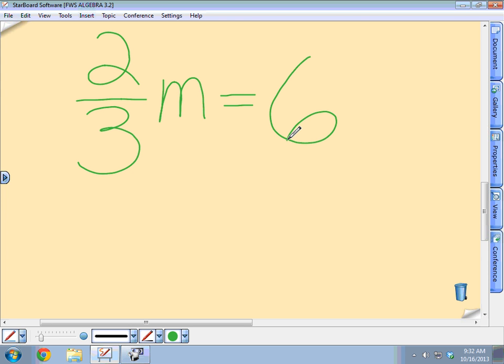Multiplication. So in order to get rid of multiplication, I have to divide. What am I going to divide both of those by?